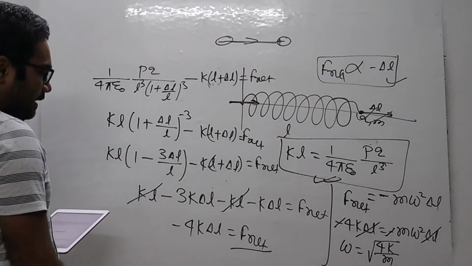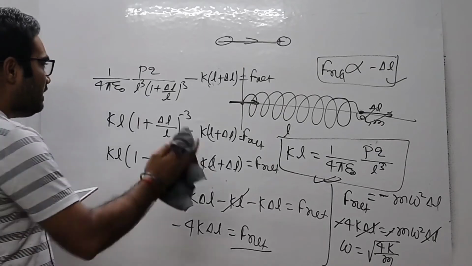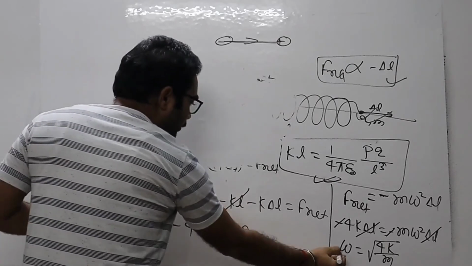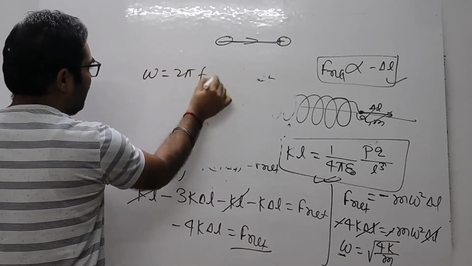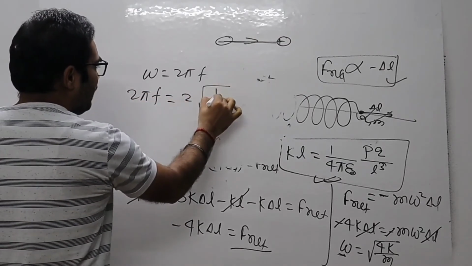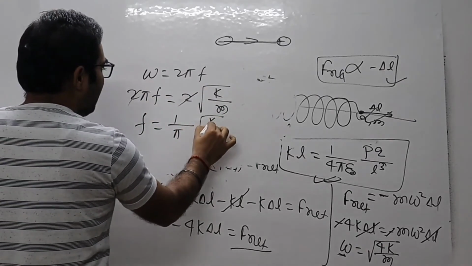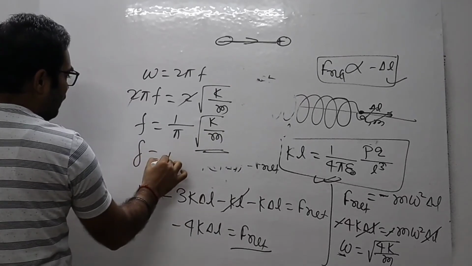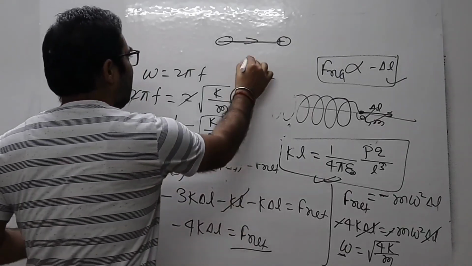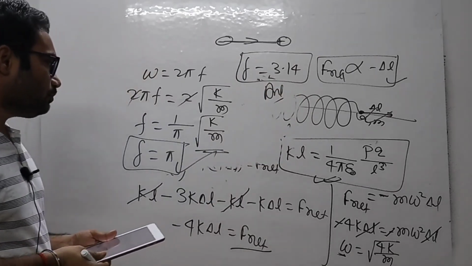Omega is the angular frequency, equal to 2 pi f, so 2 pi f is equal to 2 root under K by m. The 2 cancels out, and frequency is equal to 1 by pi root under K by m. So you can say that delta is equal to pi, 3.14. This is the final answer to this problem.